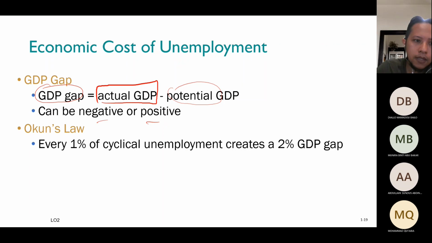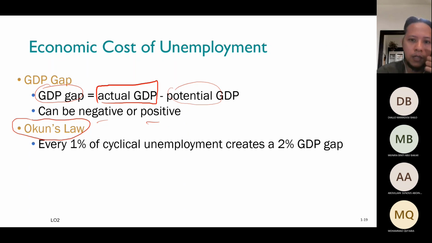Okay, and this is related in economic theory. We have what we call Okun's law. So what Okun did is that he analyzed different countries, and from the data, he managed to come up with this theory whereby the summary is that for every 1% of cyclical unemployment, there will be a 2% GDP gap.